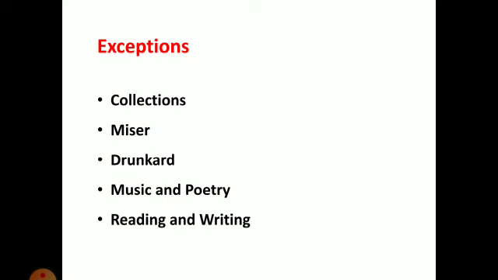That is, in some cases, with increased stock of a commodity, what happens to marginal utility? Marginal utility also may increase. So, those cases where the marginal utility increases with increased stock of a commodity, we call them as exceptions to the law of diminishing marginal utility.